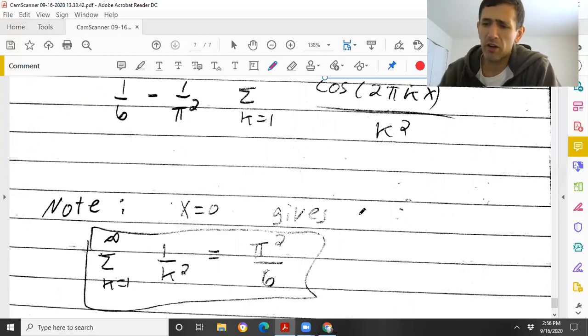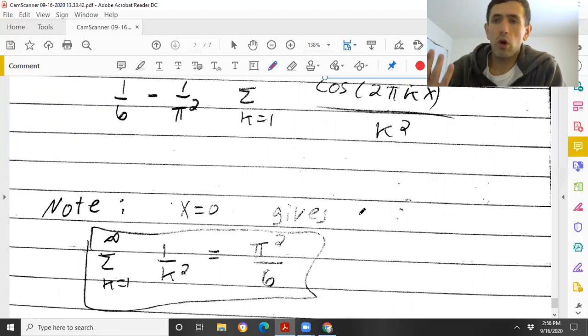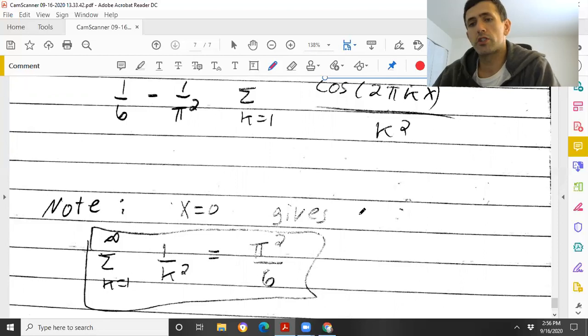And if you play around with certain cubic functions, you can still use Dirichlet's theorem to prove that the sum of the inverse cubes, 1 cubed plus 1/2 cubed plus 1/3 cubed, et cetera, converges to pi cubed over 32, or I forget what the denominator is, but it's going to be something involving pi cubed.